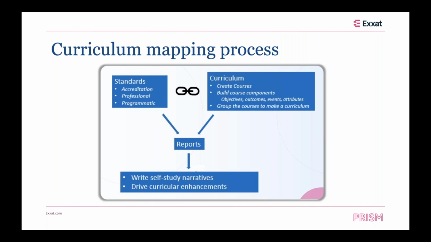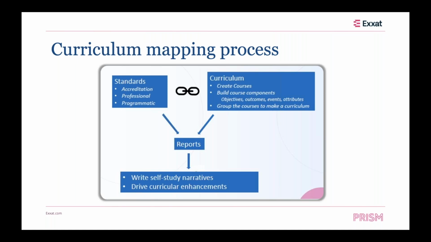So they could be your accreditation standards, they could be your professional standards, which are nationally published, for example, competencies, or they could be programmatic standards that you come up with because they are important for you to track for managing your program, right? So it could be your student learning outcomes, your metrics of success, your programmatic objectives, missions, goals that you want to track and map to your curriculum.